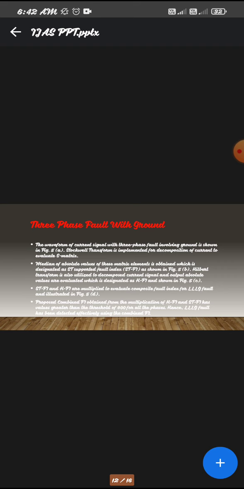The proposed combined index is obtained from the multiplication of HFI and STFI, with values greater than the threshold of 600 for all the phases.